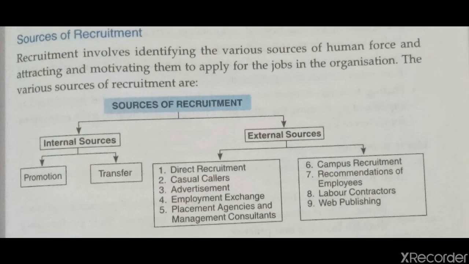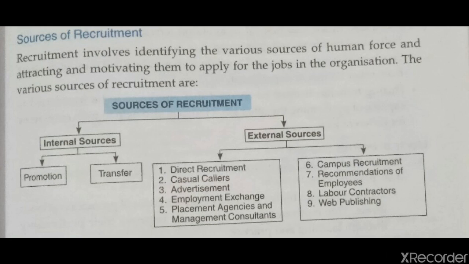Internal source of recruitment is transfer and promotion, whereas external source of recruitment is direct recruitment, casual callers, advertisement, employment exchange, placement agencies and management consultants, campus recruitment, recommendation of employees, labor contractors, web publishing.